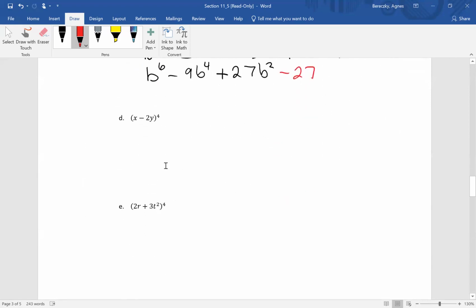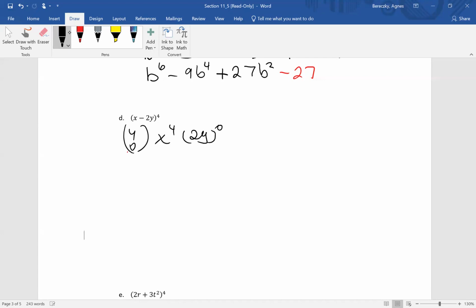So we're moving on to B, because this is to the fourth power, we will have 5 terms now. So I'm going to try to write it a little bit more spread out. So we're going to have 1, 2, 3, 4, 5 terms. I'll just do 1 term at a time. So we will have 4 over 0, x to the fourth, and then we have 2y to the 0.